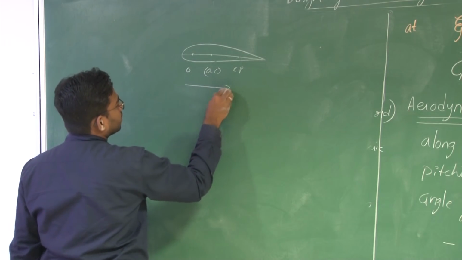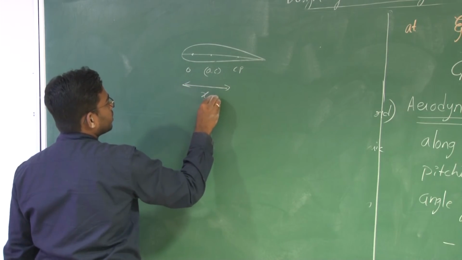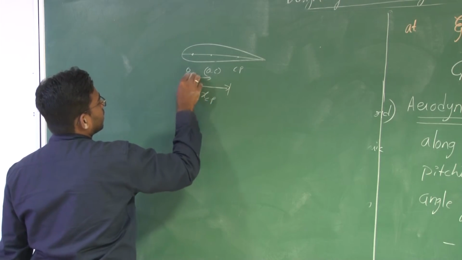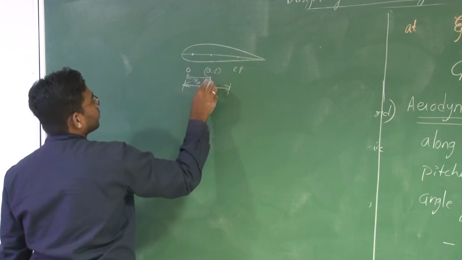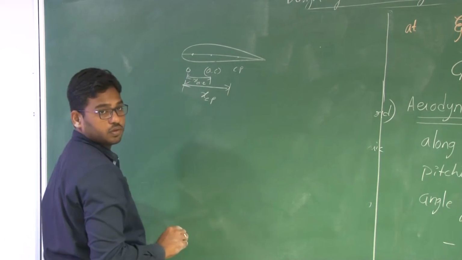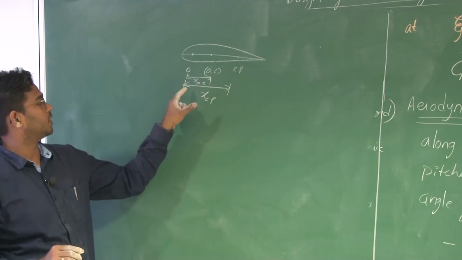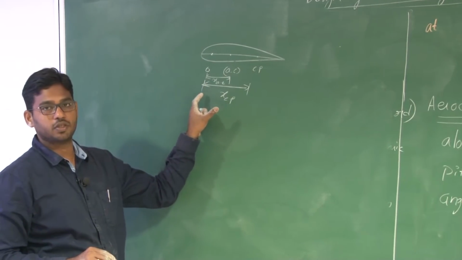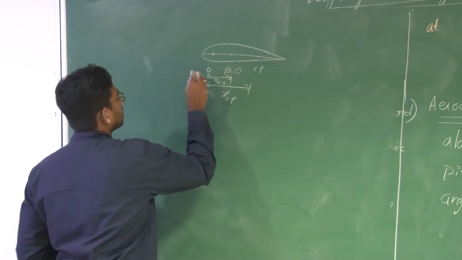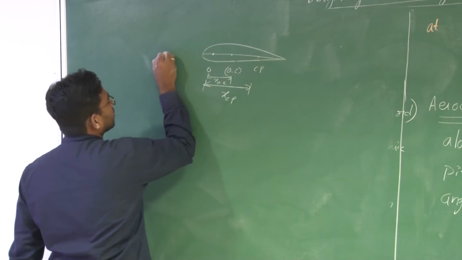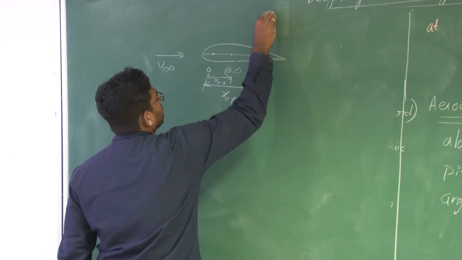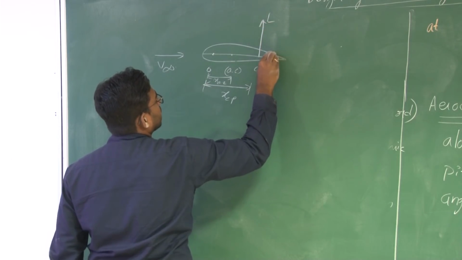Let XAC be the aerodynamic center from point O and XCP be the center of pressure from point O. There is V infinity, there is lift and drag.